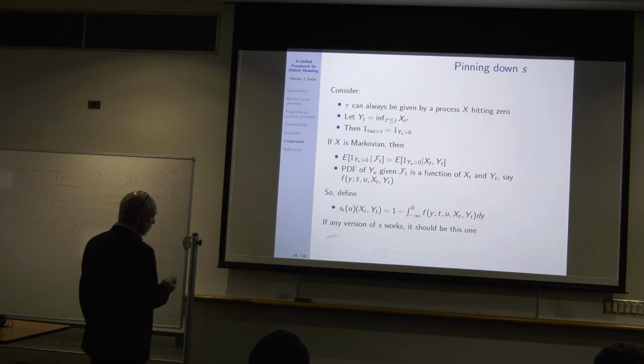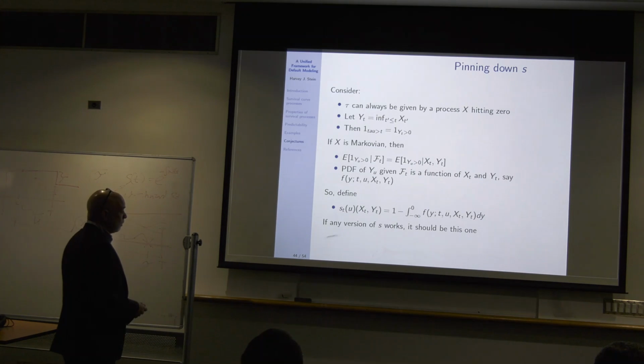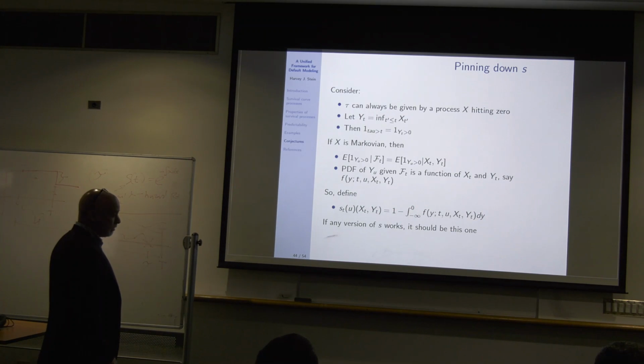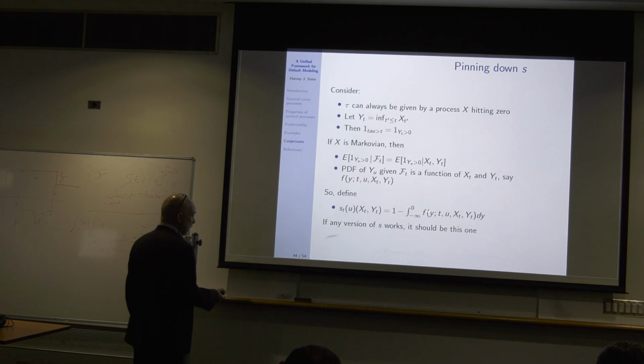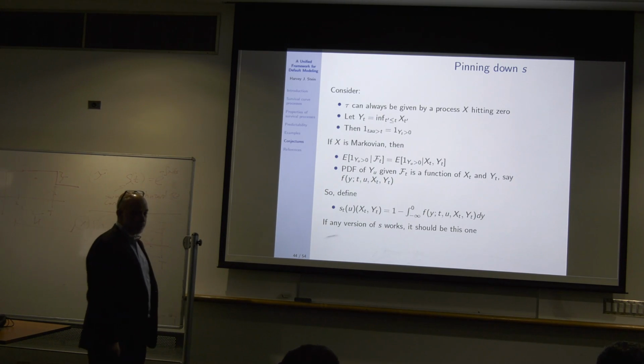So we write down the function. Okay. So now write down s in terms of values of x and y directly in terms of an integral of this function f. Now we've defined s not up to measure 0 sets, we've defined it completely.